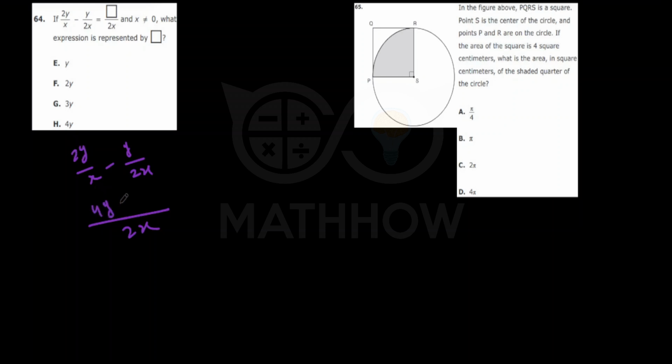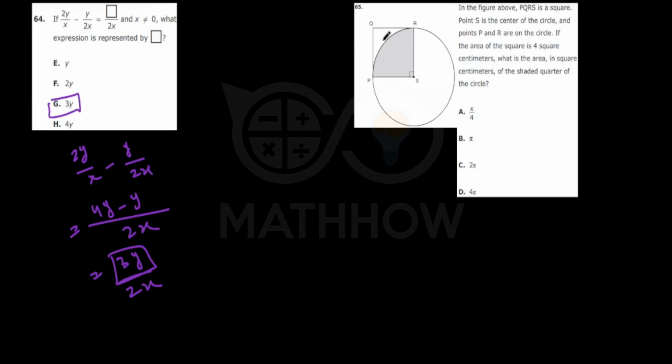This will become 4y minus... 2x divides 2x when it is multiplied with 1, so 1 will be multiplied with y, and this will become y. 4y minus y is 3y over 2x. So the correct answer is 3y, option G.